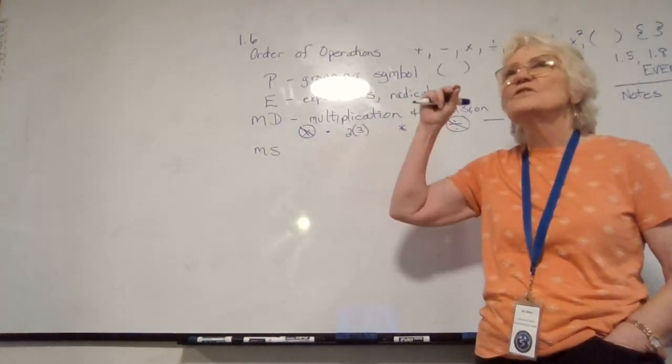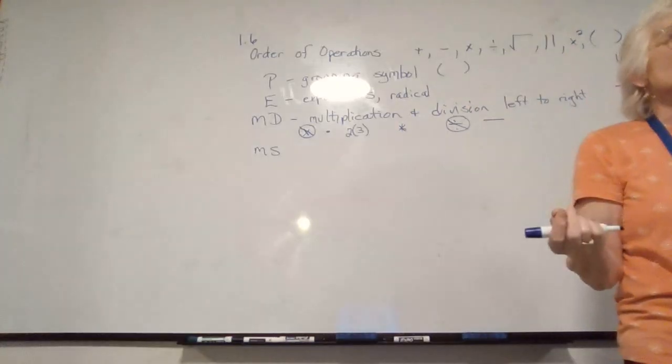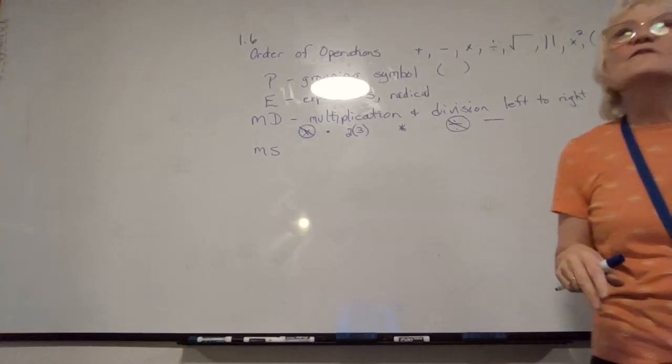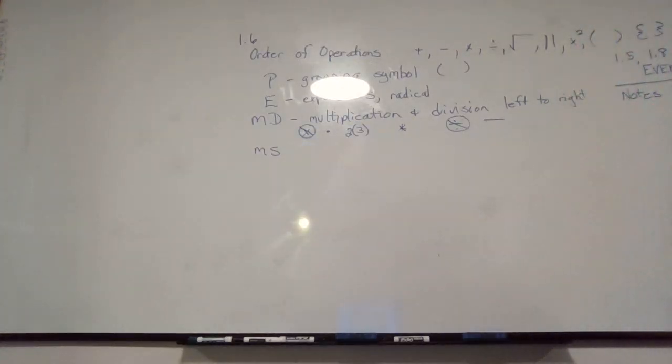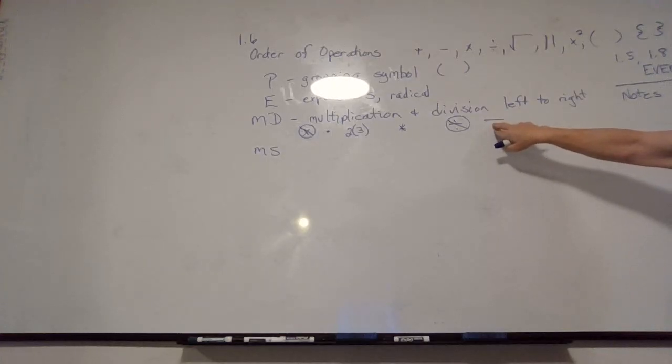I try to put it in for you as pre-algebra students, to get you used to the fact that it's multiplication. I use the fraction bar for division because it's much easier. It doesn't get confused with what order I have to do these. Anything that's up above the bar, you do first, and then you divide.